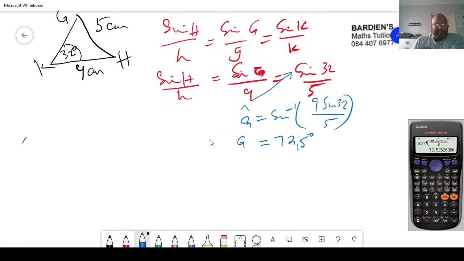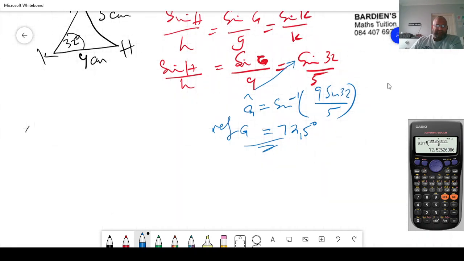But what did we say? This is going to be your reference angle. Why? Because it can be one of two. It can either be obtuse or it can be acute. So if it's an acute angle, then your angle G would simply be 72.5 degrees.